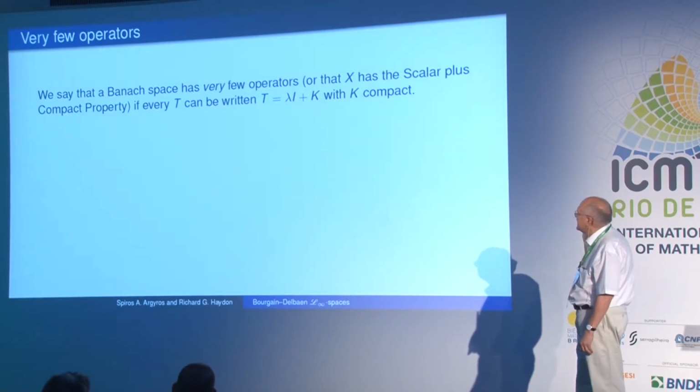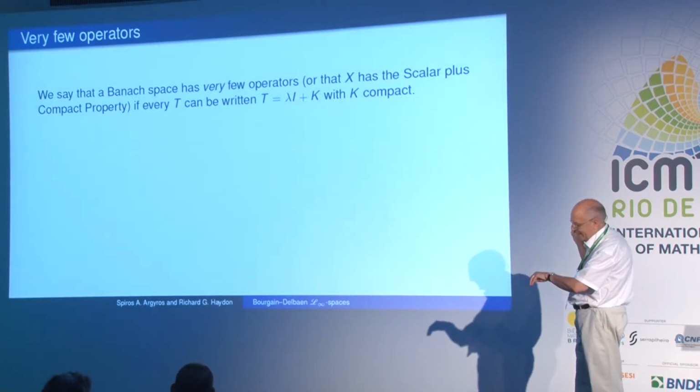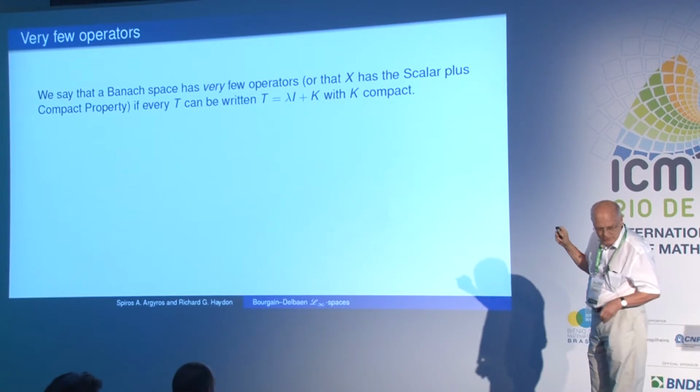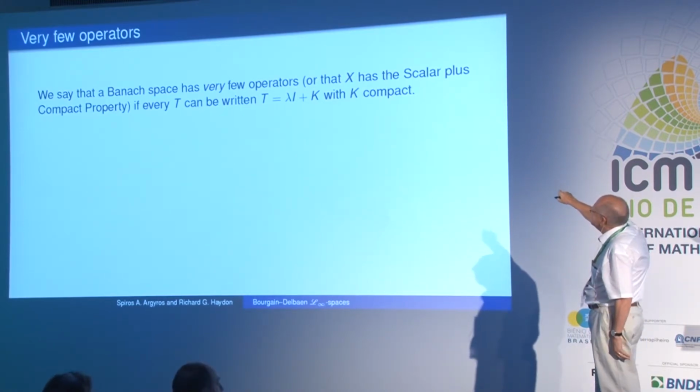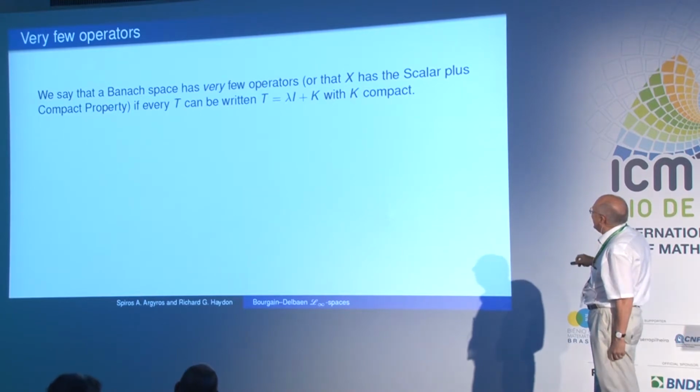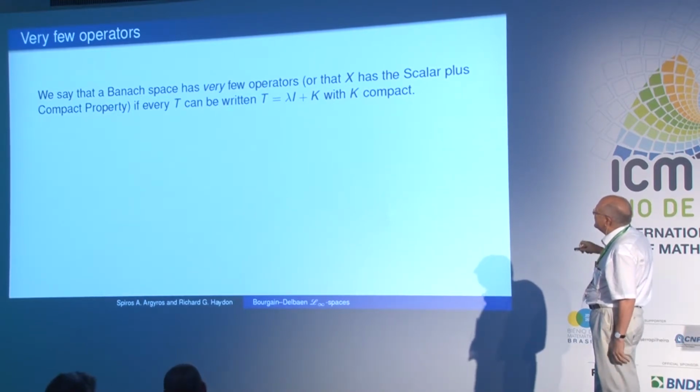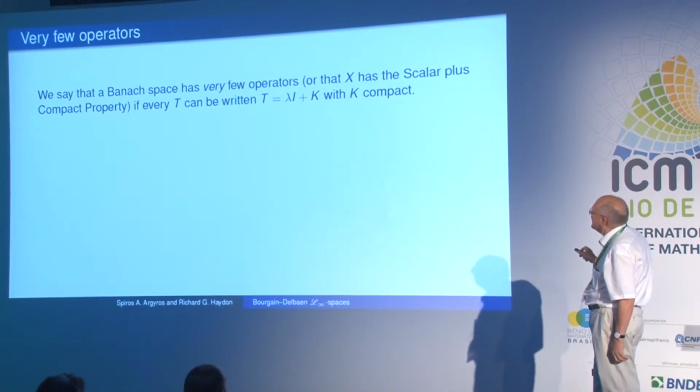All right, now I'm getting perilously close to the end, by my watch. What we are aiming at is the scalar-plus-compact property, which means replacing the S of strictly singular with a compact.